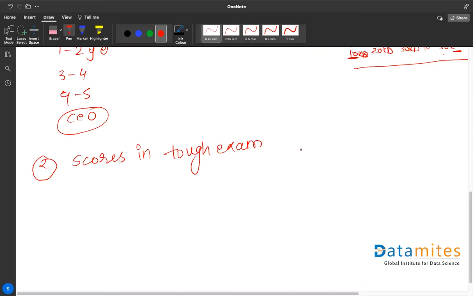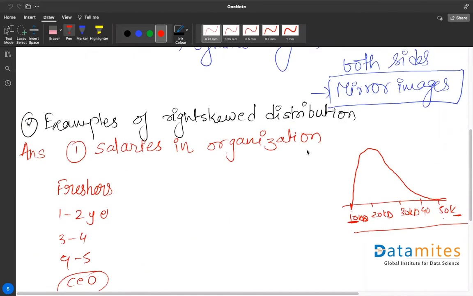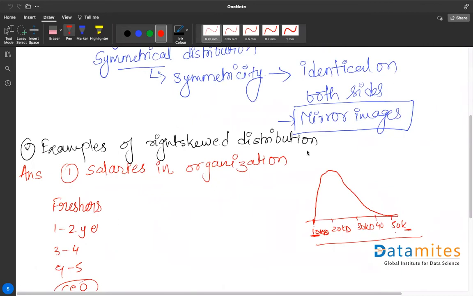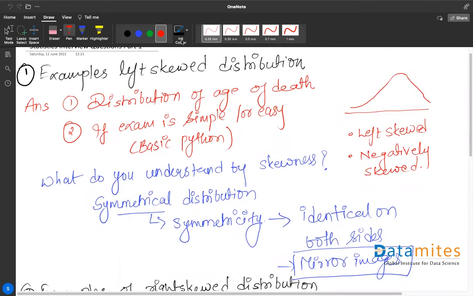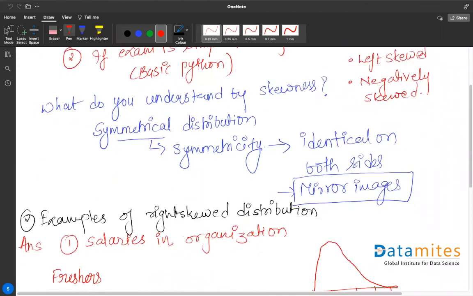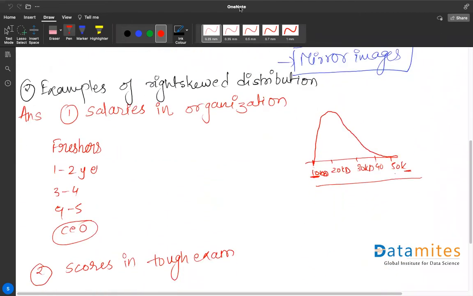Okay, any other examples? Please try to find out. Yeah, one more example that would be easy. Just try to search in Google, you'll get a lot of answers. Okay, no answers. Okay, 1 second. Mileage versus cc of engine.